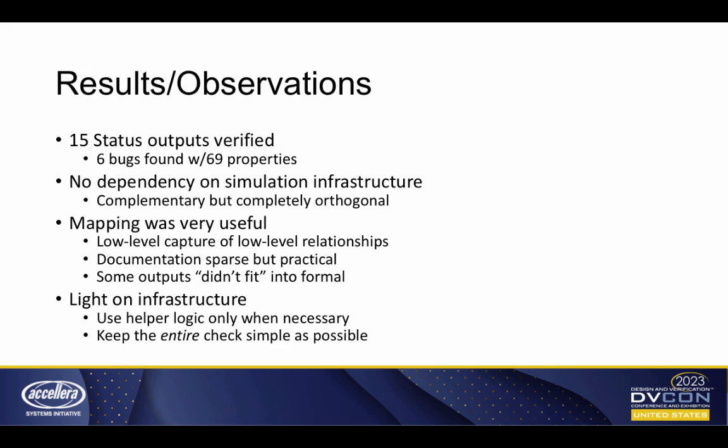And this was weeks, months of effort. So yeah, bugs found, that's always something that makes you feel pretty good about it. But in terms of gut feel, this felt like a very reasonable way to approach verifying software status, and it felt much more reasonable than overlaying on simulation infrastructure.